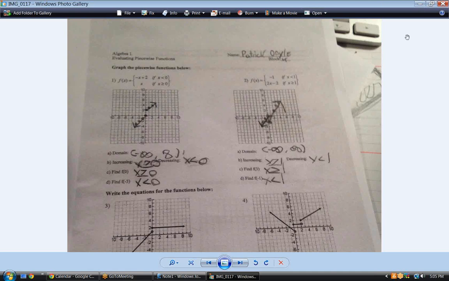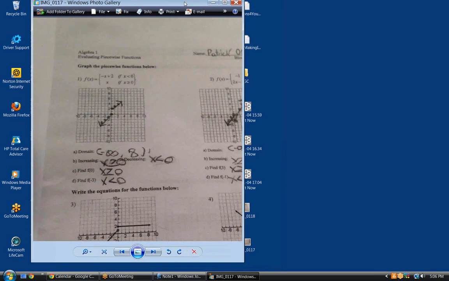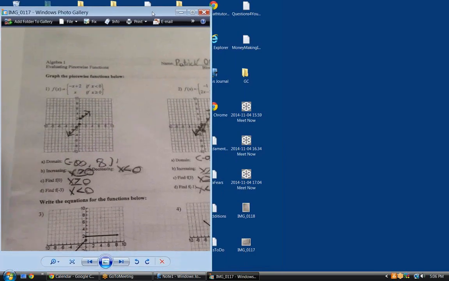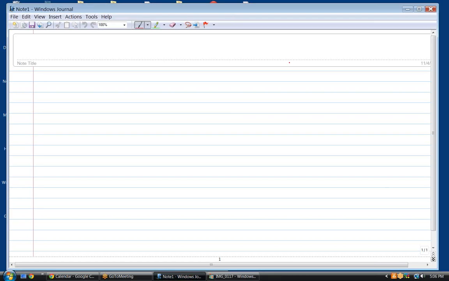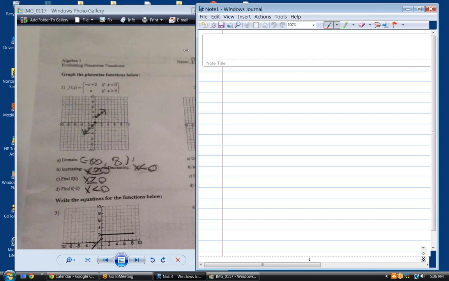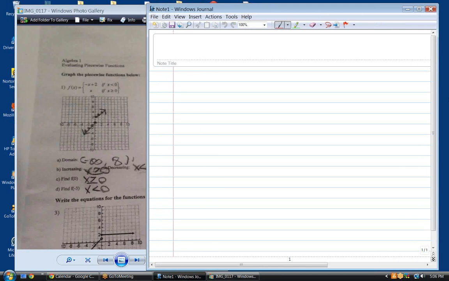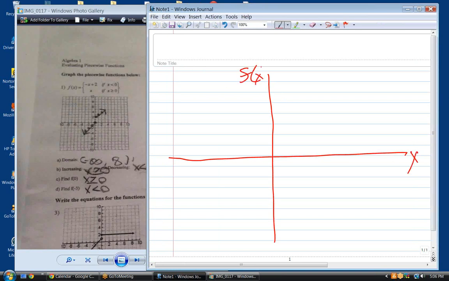Let me bring up my writing tablet. You need your pad for this one. When we go to graph this, start right there always.